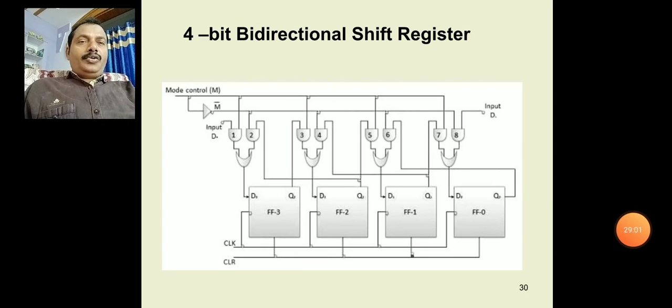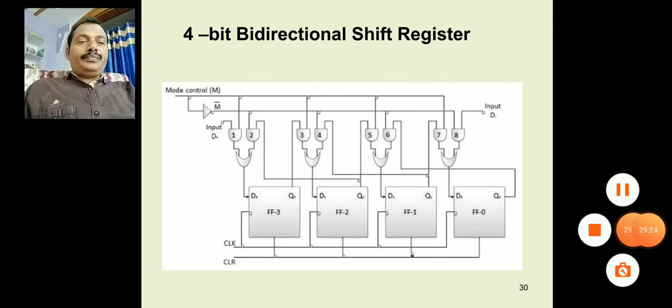So this is a 4-bit bidirectional shift register. Here we can configure or select the mode of operation, that is mode 0 and mode 1. In mode 0, how does it work? In mode 1, how does it work?